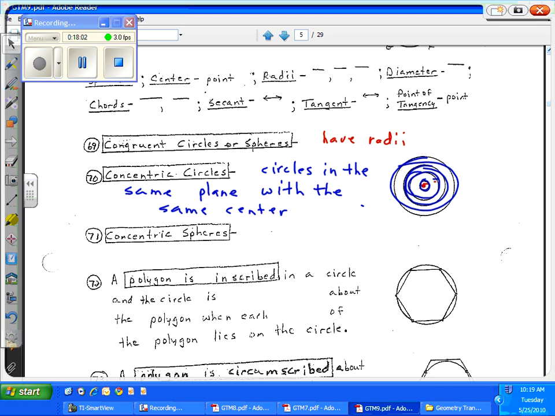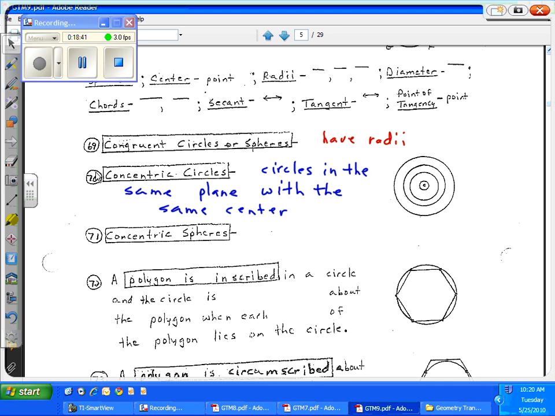In other words, we're not going to have a circle like this with this center and then a circle that, this is going to be a little bit hard to draw, that had the same center, to where when you put them together it was three-dimensional like a sphere. Those are circles that have the same center, but they're not in the same plane, so they're not concentric circles. Concentric circles are flat. Okay?